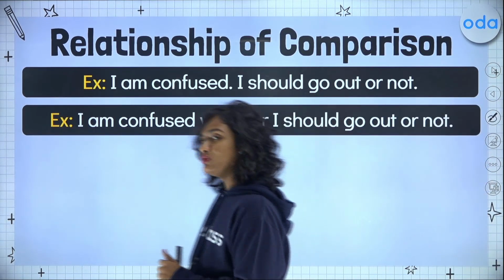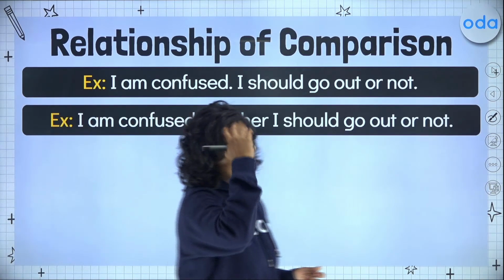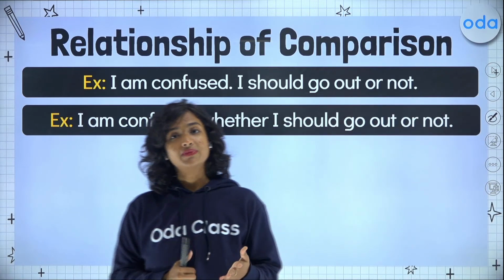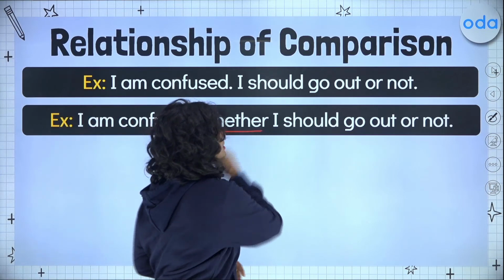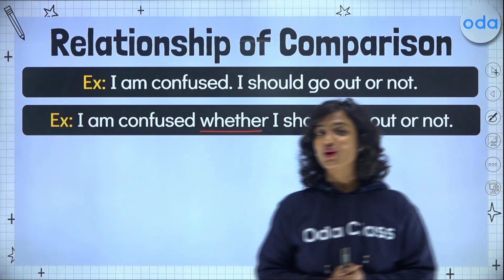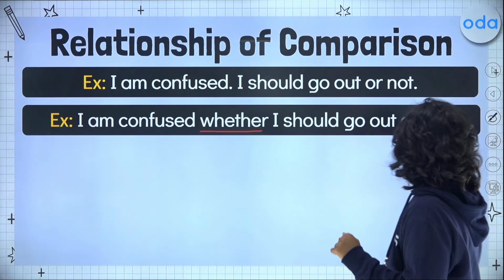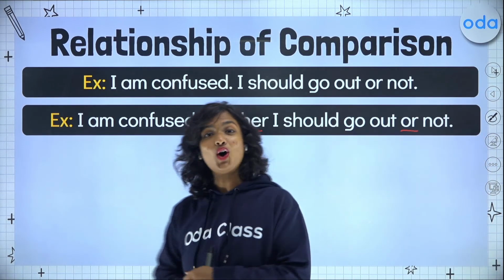So let's take one more. I am confused. I should go out or not. Now, once again here, we have a comparison. We have a contrast. So I am confused whether I should go out or not. Now, I hope that you all can recognize that there is one more conjunction in this sentence, which is or.